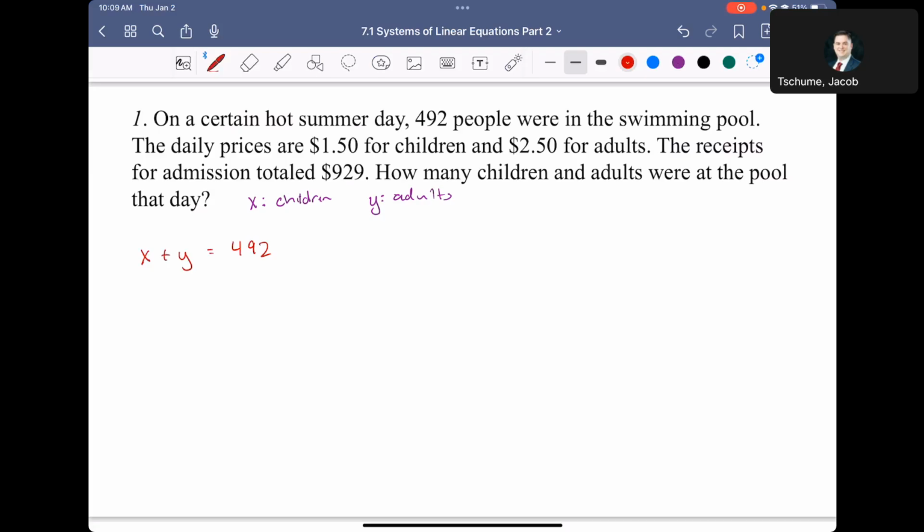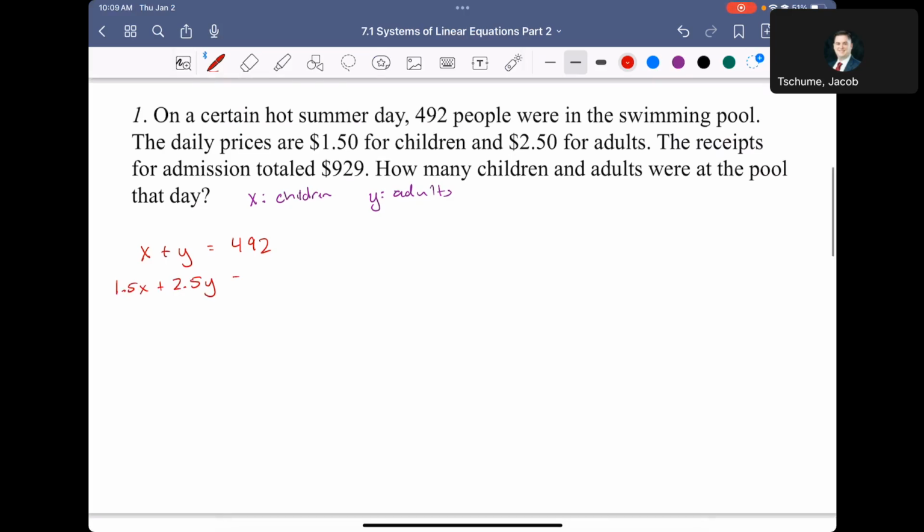The second thing they talk about is how much money the pool made that day. Well, according to this, they took each child that went in and charged them $1.50. So I'm going to write that as 1.5x because every child that was there was charged $1.50. And then I'm going to add to that how much they charged for adults, which was 2.5, multiplied by the number of adults, which right now is Y because we don't know what that is yet.